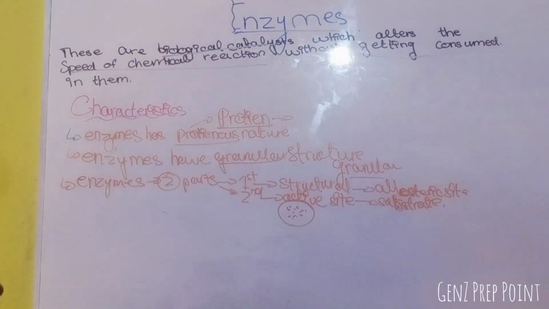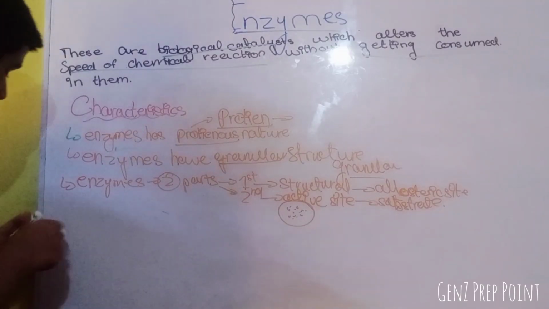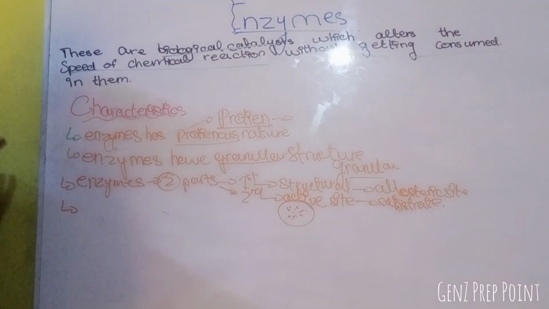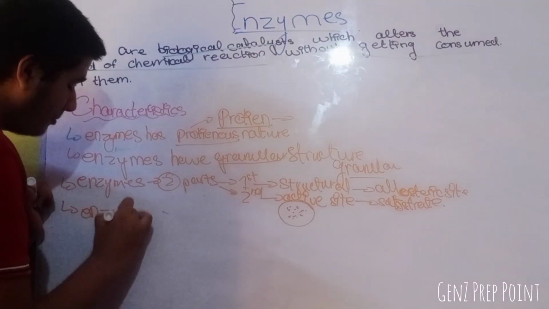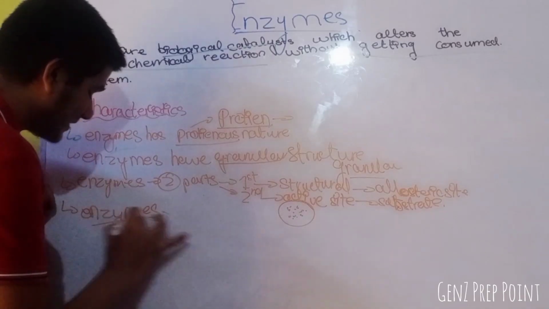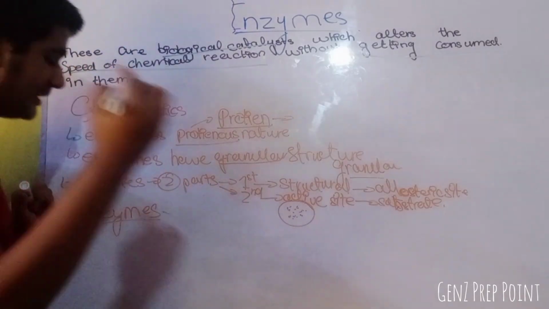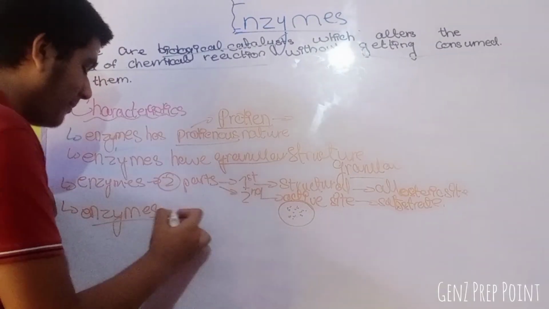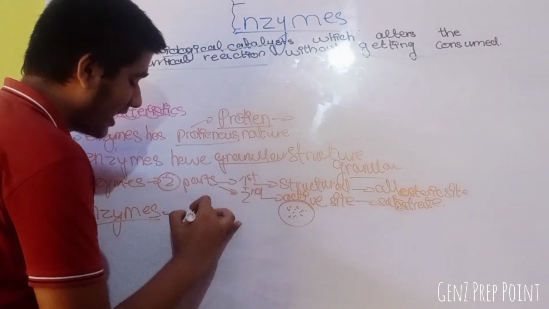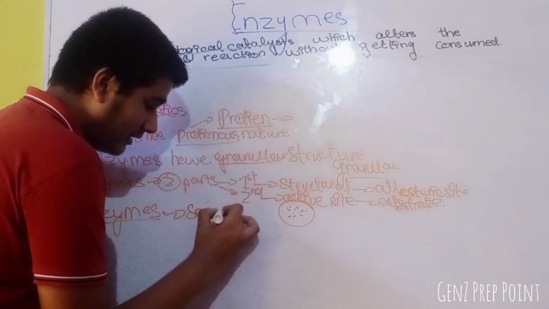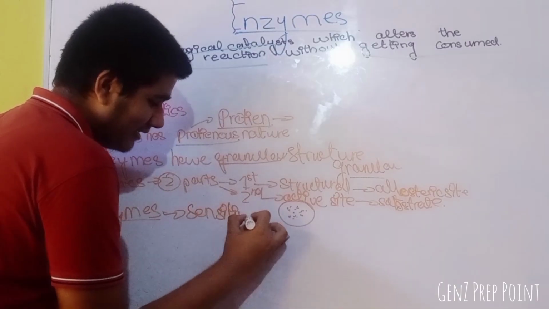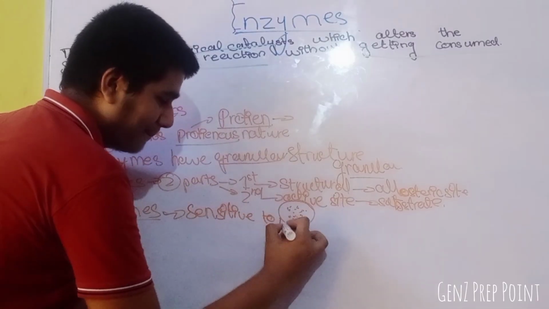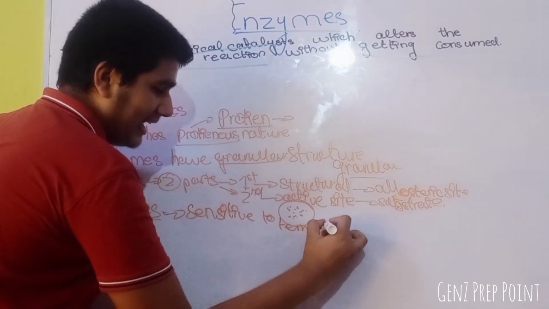We will see the next point about enzymes. I hope you have heard this in your notebooks and books, from whichever teachers you study from. They all say enzymes are highly sensitive to temperature and pH.